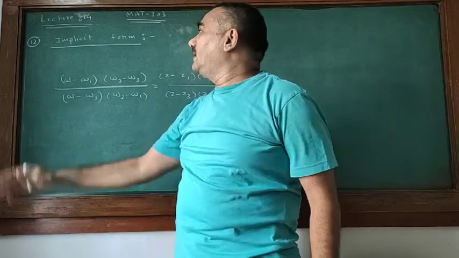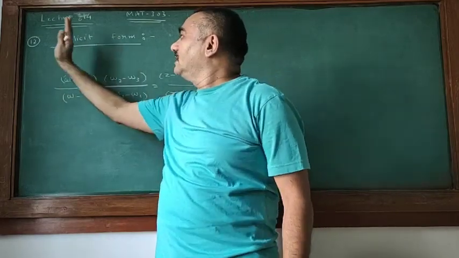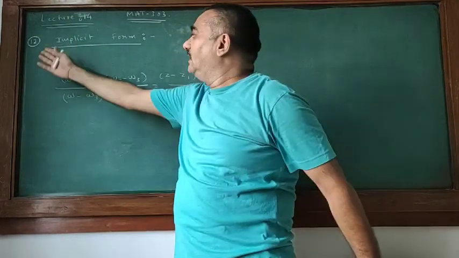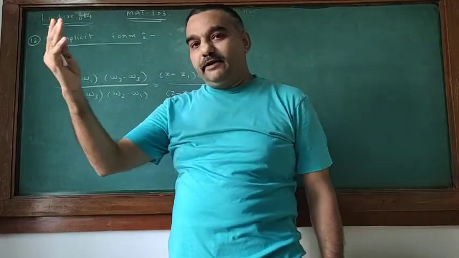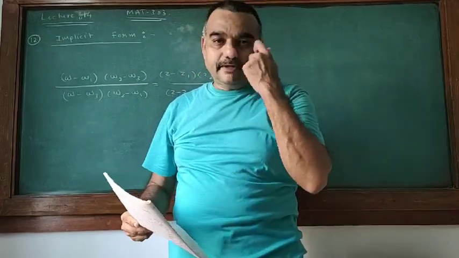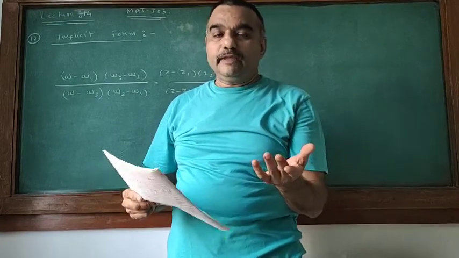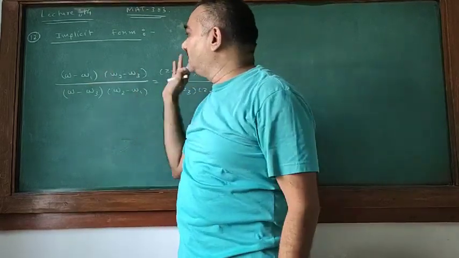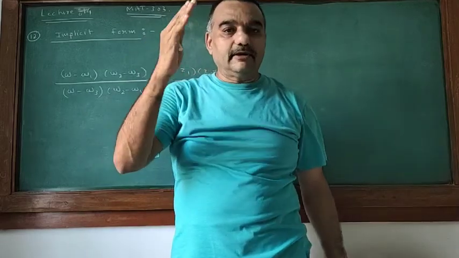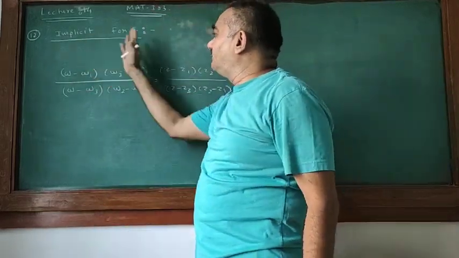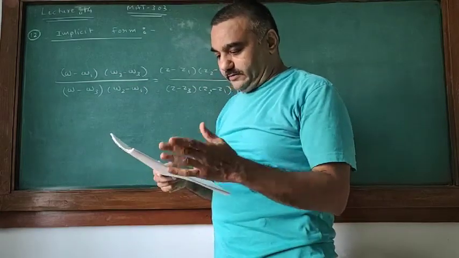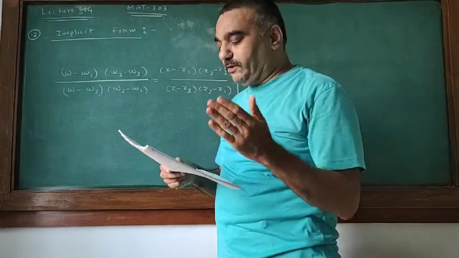Initially I want to define implicit form, and as per my note, it is definition 12. If the complex function is defined which maps z1, z2, z3 into omega 1, omega 2, omega 3, then we have one implicit form or linear fractional transformation.